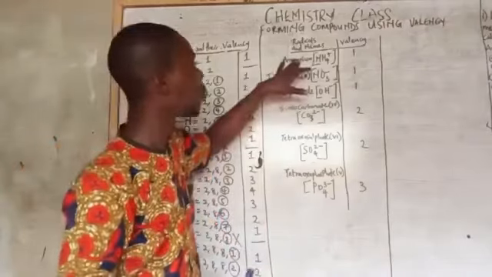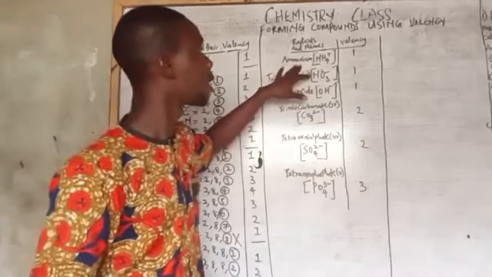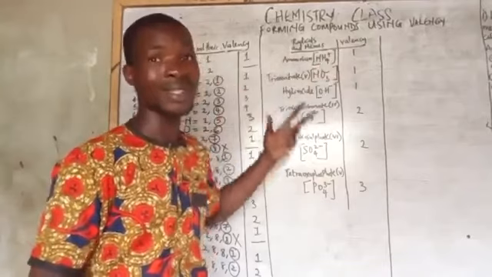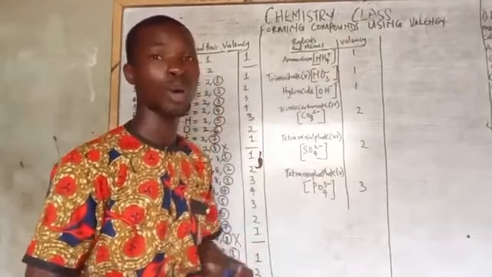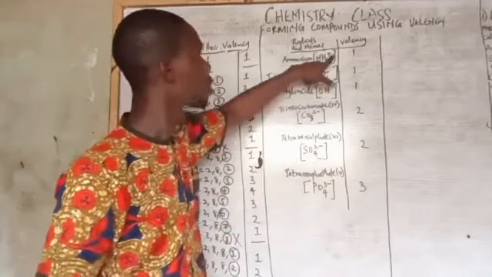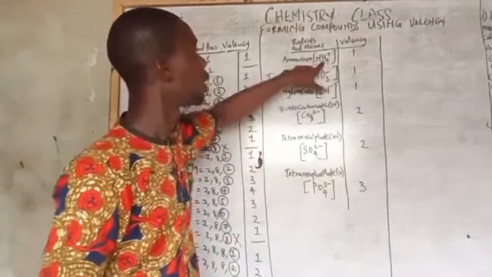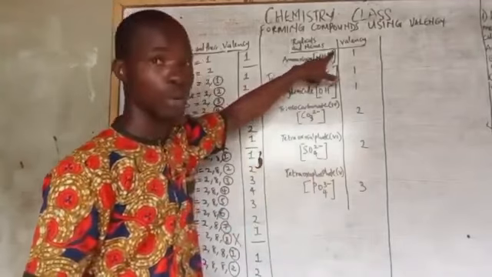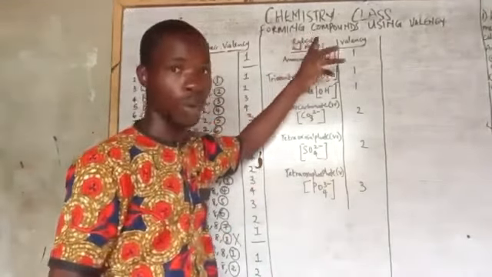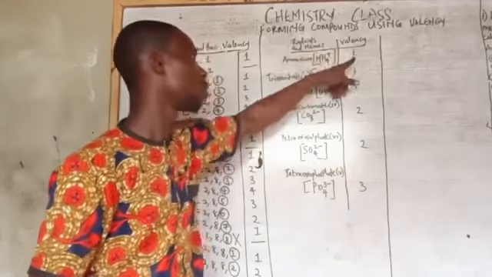And we have ammonium ion, and the valency is 1. So the number of charges is directly proportional to the number of valency of such radical. We have just plus on NH4, 1 plus, so it can be 1 plus or plus 1. So the valency is 1.